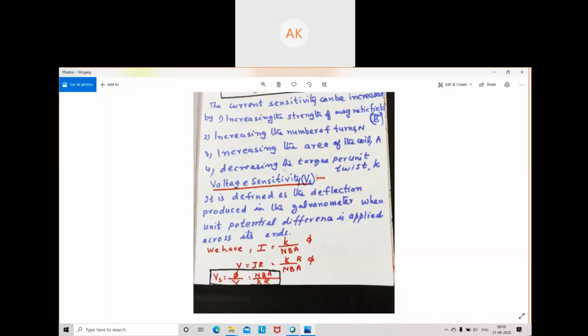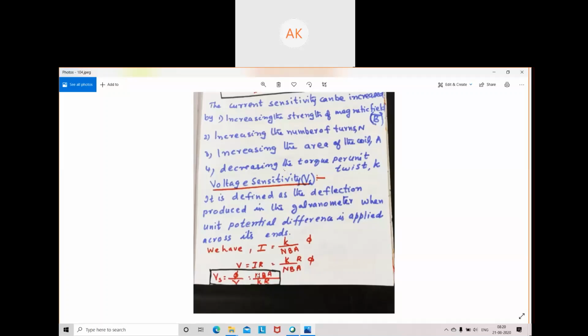When we increase the number of turns, we are increasing the length of the wire winding over that soft iron core. When we increase the length, what happens? Resistance also increases. That we know, resistance is directly proportional to length.